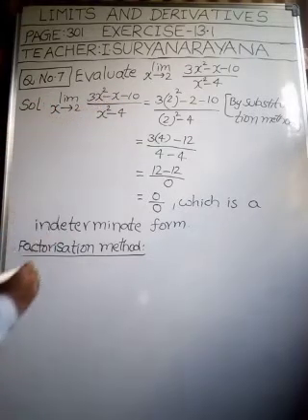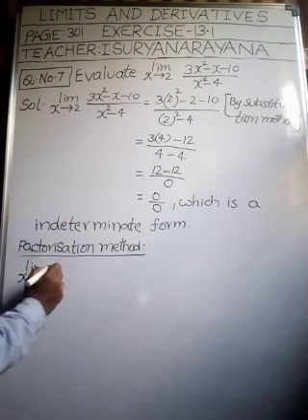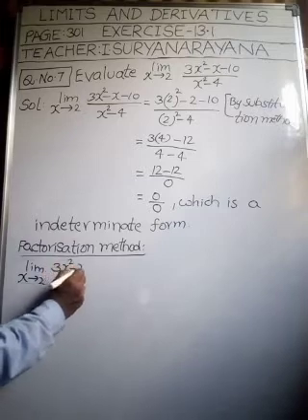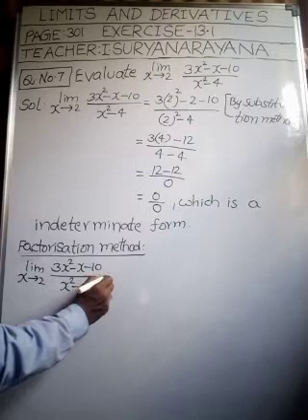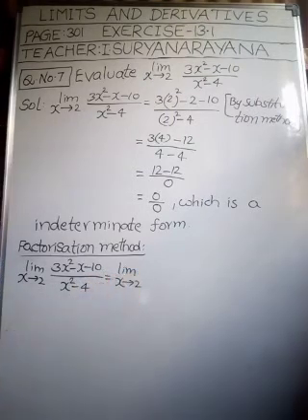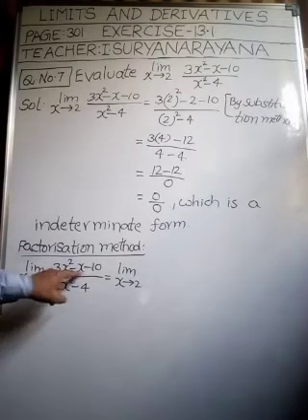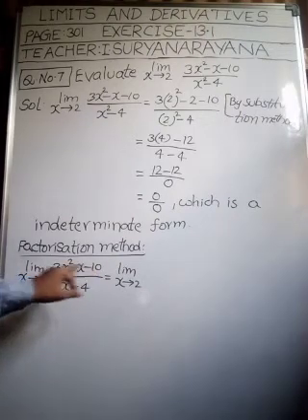Okay, my children. So as x tends to 2, limit of 3x square minus x minus 10 by x square minus 4 is equal to, as x tends to 2, limit, let us factorize this quadratic polynomial. You know the splitting the middle term method. Do you remember that method, my children? We use that method to factorize this quadratic polynomial. 3 tens are 30.